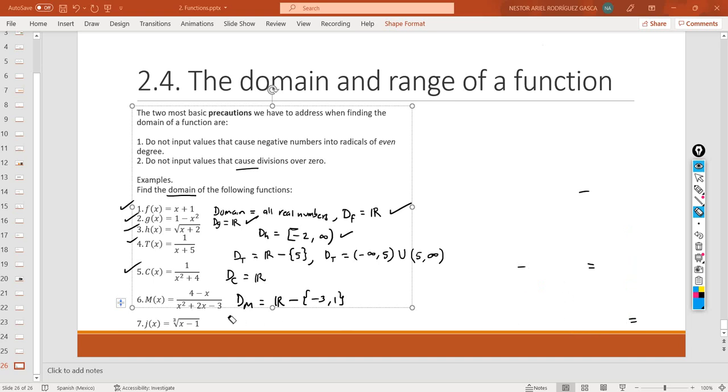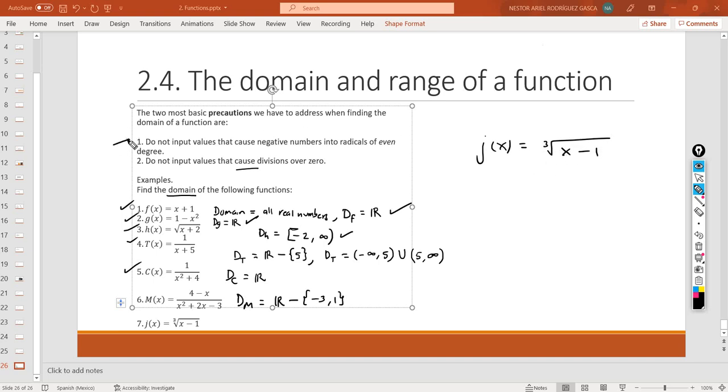And finally, this one, j of x equals the cubic root of x minus 1. The cubic root of x minus 1. So let me write it down here. Okay, and don't get confused, guys.